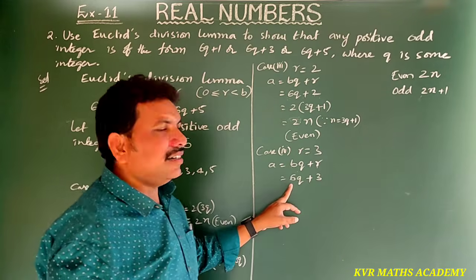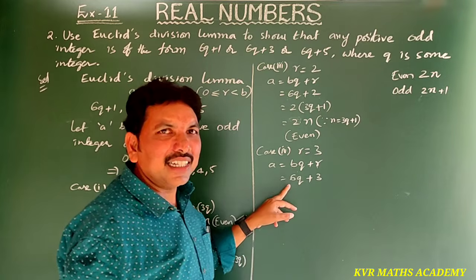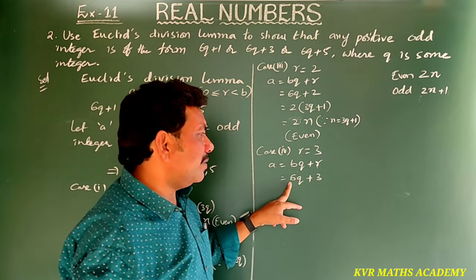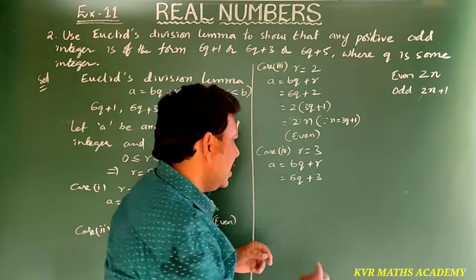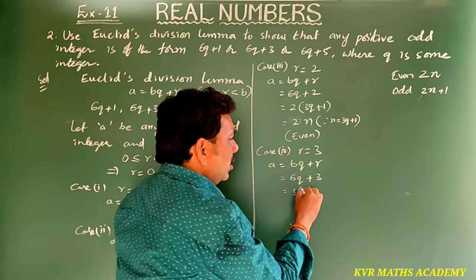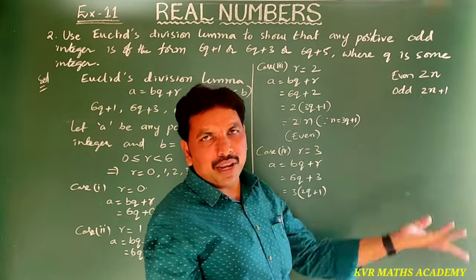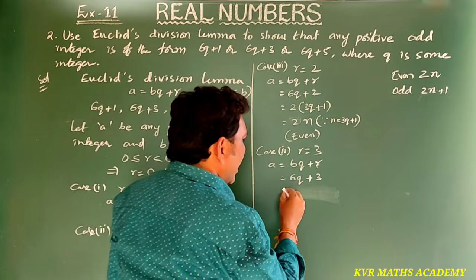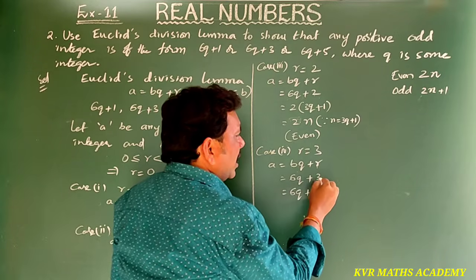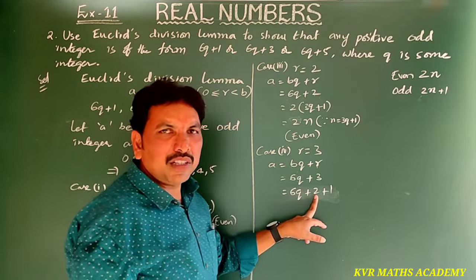Here we should not take 3 as common, because then 3 times 2q plus 1 is not in the form of 2n or 2n plus 1. That's why we should not take it like this. We have to write 6q plus 3 as 6q plus 2 plus 1, right? 3 is 2 plus 1 only.